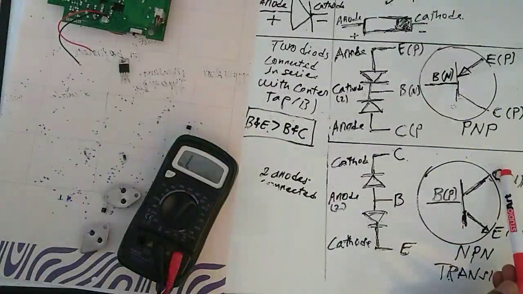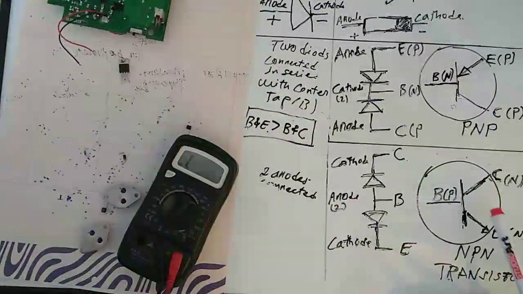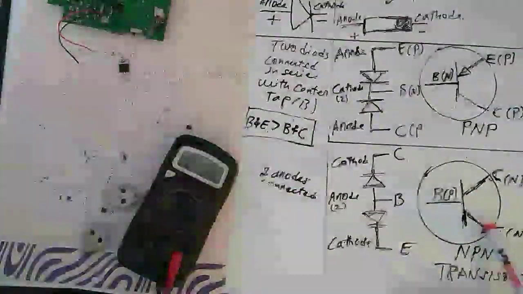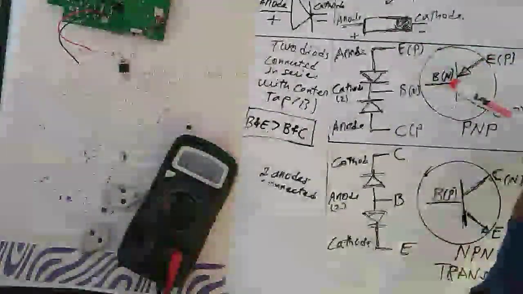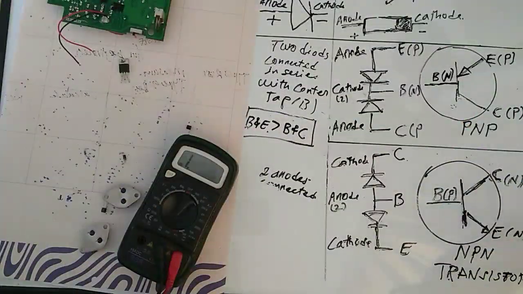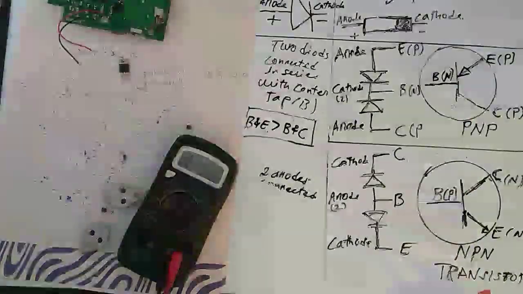It has collector, emitter, base. The arrow usually shows the polarity of the transistor. When the arrow is outward, it's NPN. In this case, the arrow is inward, it's PNP, pointing toward the base.